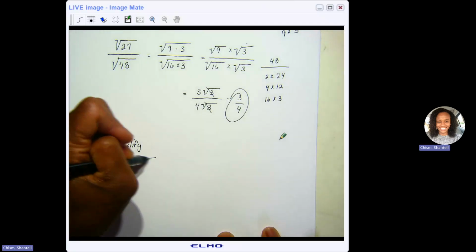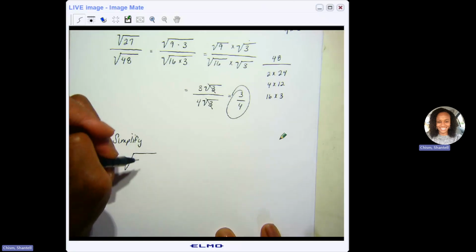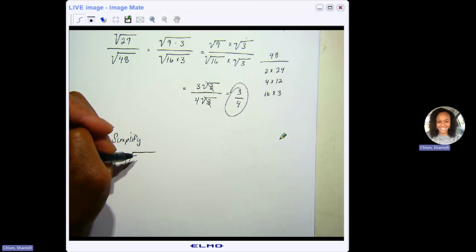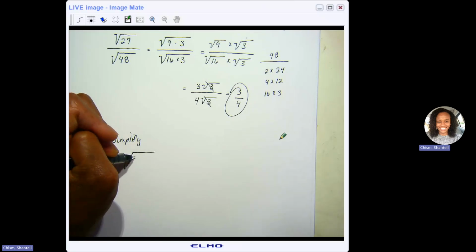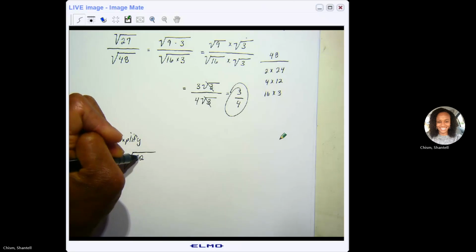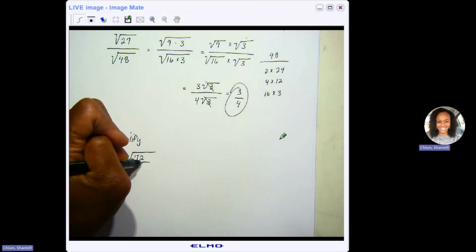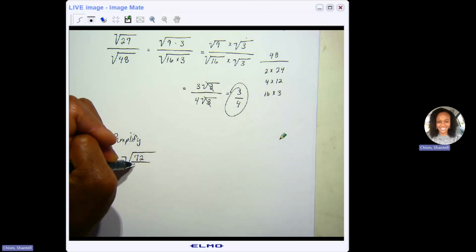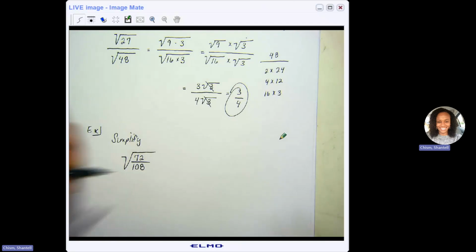Let's say we got the square root of, I struggle trying to make up numbers. Let's do 72. I might should put the 72 on bottom, over, we'll make up a number. Let's go 108. Let's just go with that.